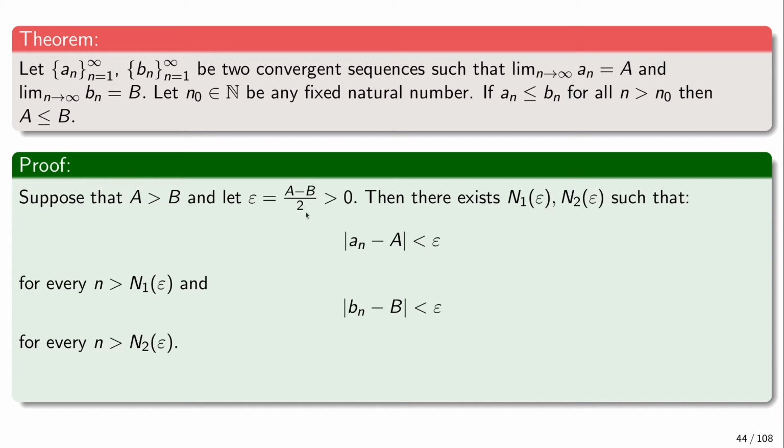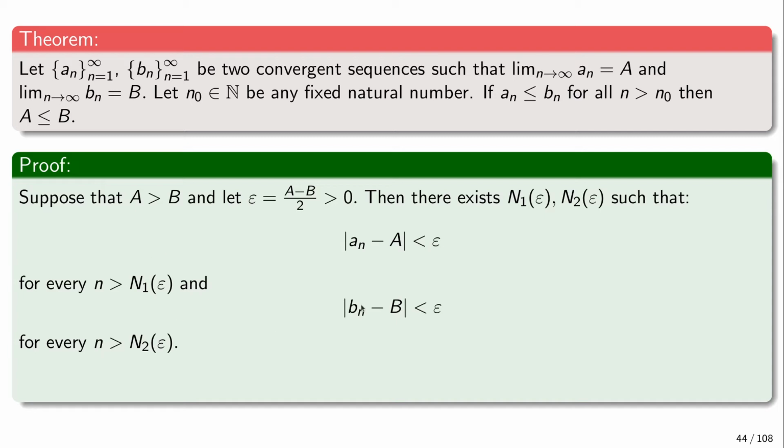We will see another proof for metric spaces, and we'll see the general reasoning. So we can choose this epsilon, and by our assumption, here's the point, this epsilon is going to be positive. So now we actually use the definition of the limit. We have a natural number n1 and a natural number n2, such that the distance of an minus a is smaller than this positive number epsilon, which is strictly bigger than 0, according to this assumption.